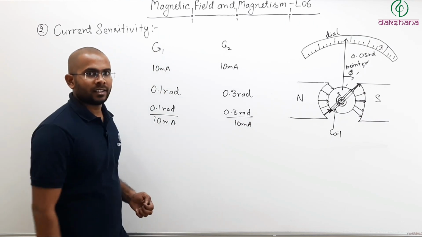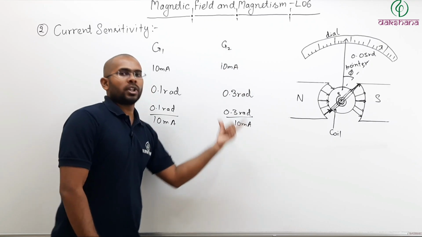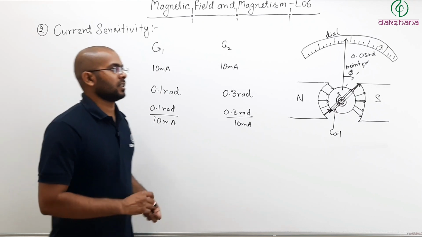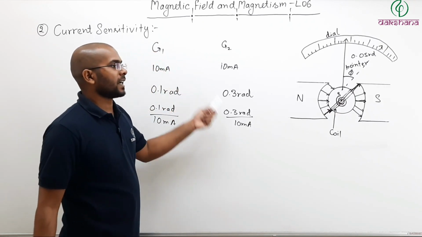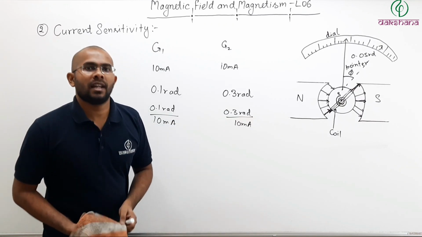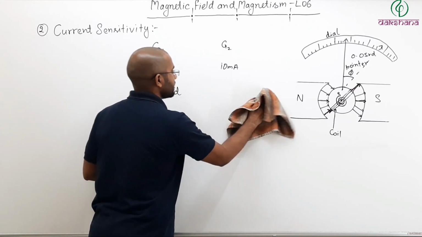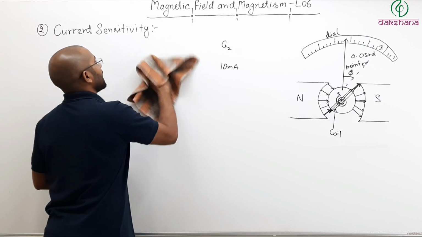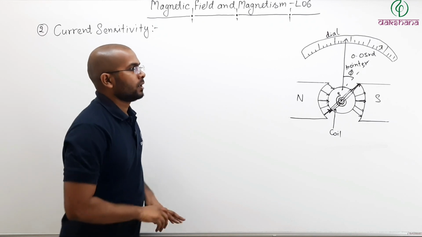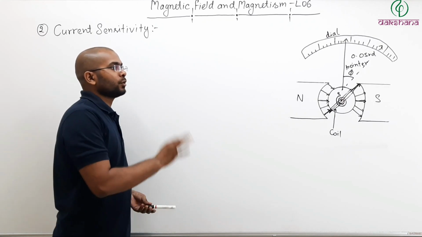So obviously per unit of current, the second galvanometer is showing more deflection and the first galvanometer is showing less deflection. That is why we will call the second galvanometer more sensitive and the first galvanometer less sensitive. So sensitivity of a galvanometer depends upon how much deflection it will show for a given amount of current, or per unit current.